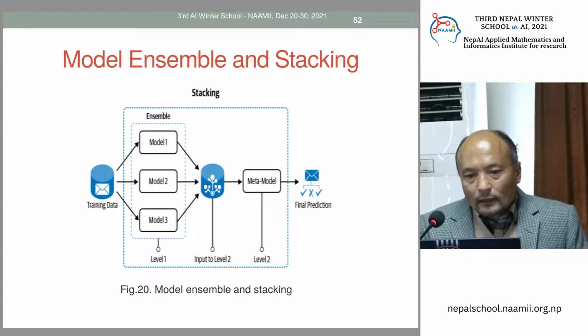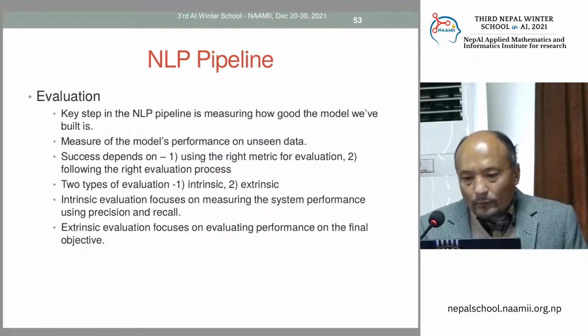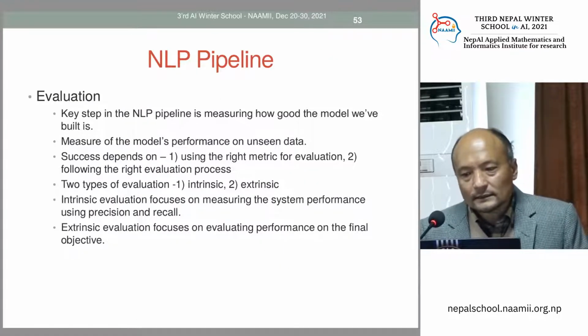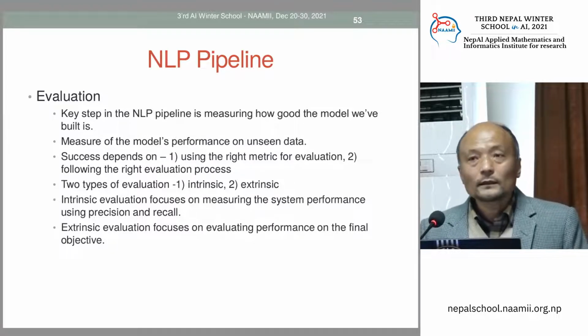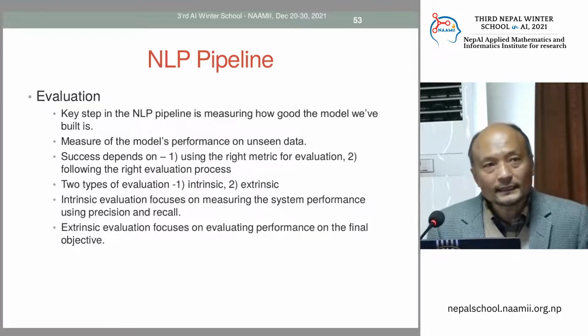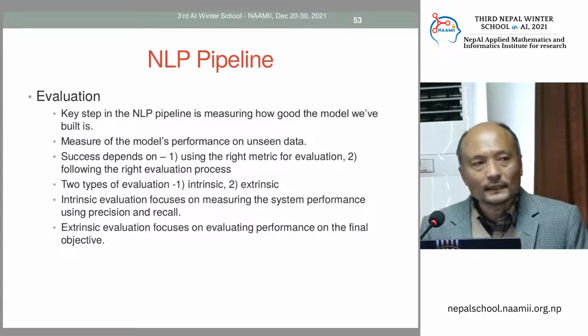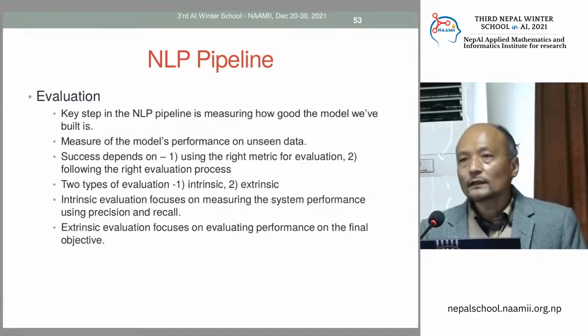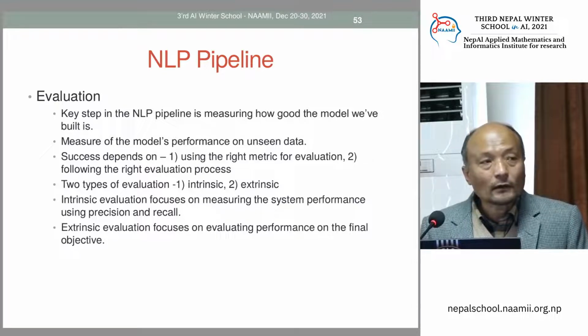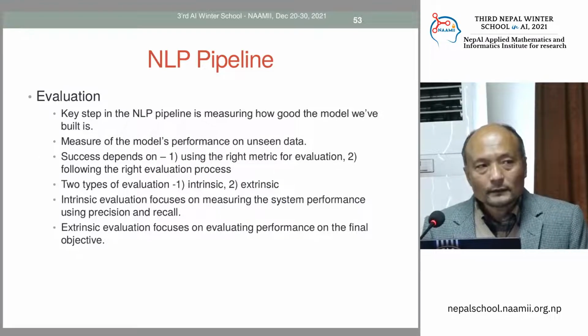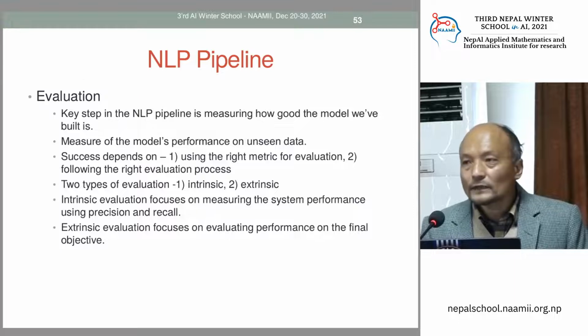We are now moving to the final stages. That's the model evaluation, because even in our daily life, if you cook something, you need to evaluate how good you have cooked. There are two types of evaluation.